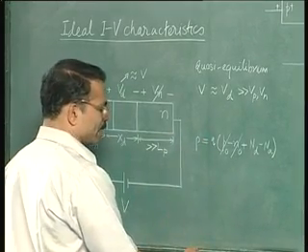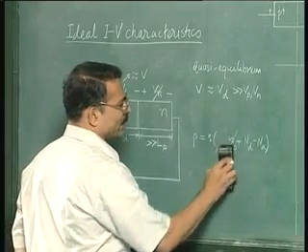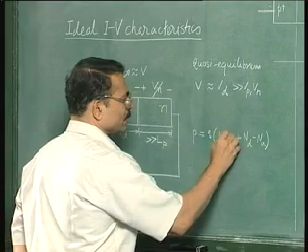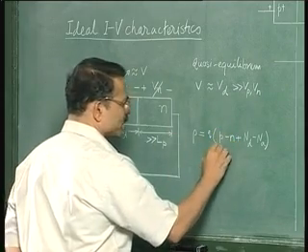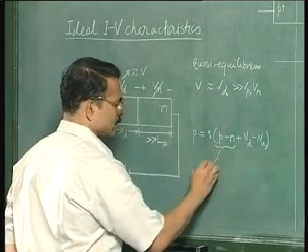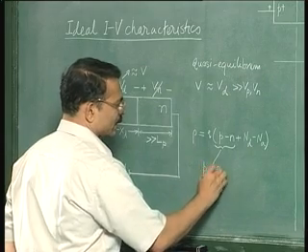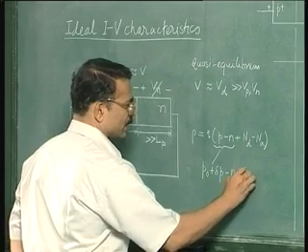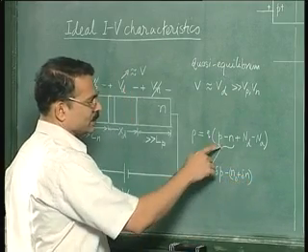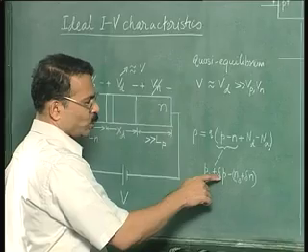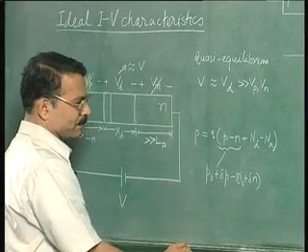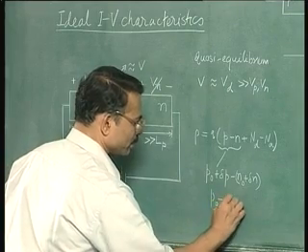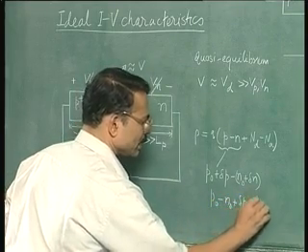Now under non-equilibrium conditions, what happens is this P naught minus N naught becomes P minus N, which can be written as P naught plus delta P minus N naught plus delta n. That is, under applied bias you have excess carriers delta p and delta n, which is nothing but p naught minus n naught plus delta p minus delta n.